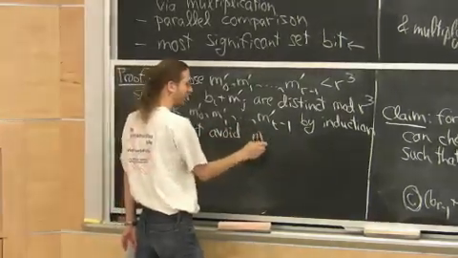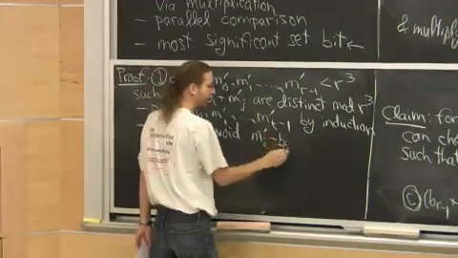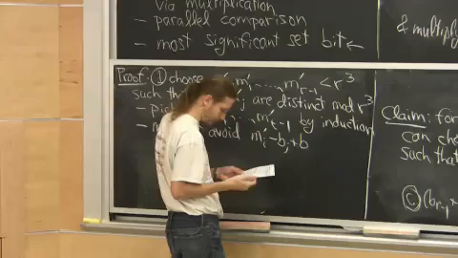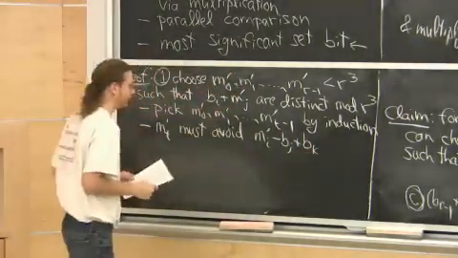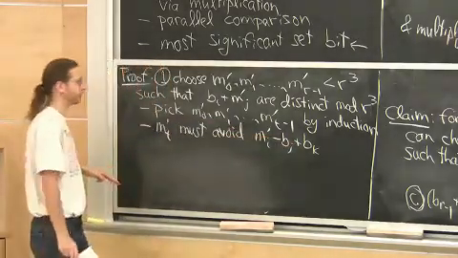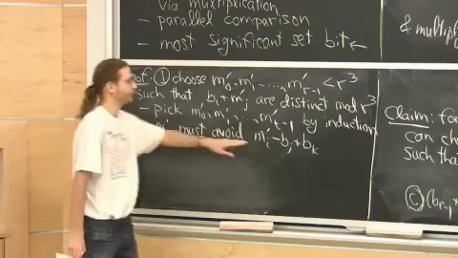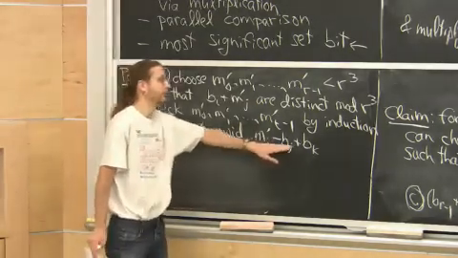basically mi prime minus bj plus b, I'm going to call it k, so different k, but if it avoids all expressions like this, then mt prime plus bj will be different from mi prime plus bk.